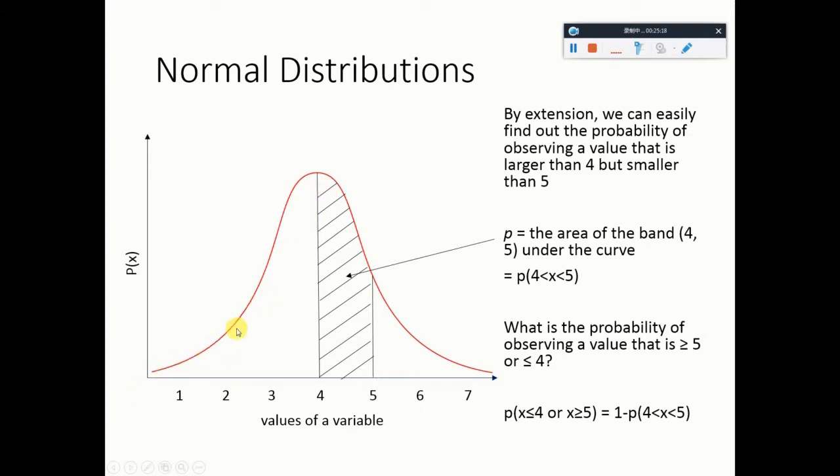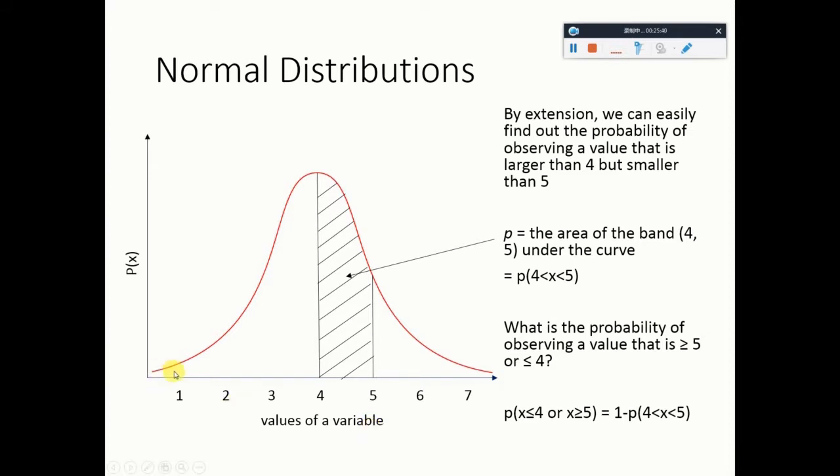The total area represents the probability of observing all possible values of this variable. The probability of observing all values of a variable is certainty, and mathematically certainty is 1.